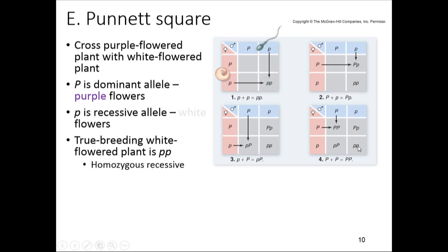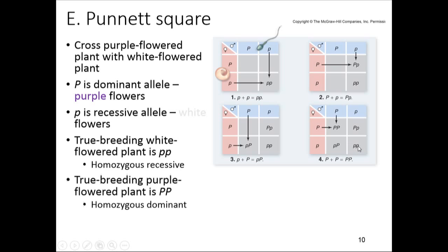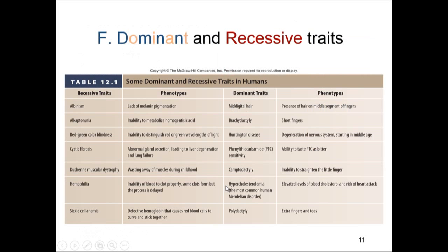A homozygous recessive would be little p, and that would be white true breeding. A big P would be homozygous dominant, and that would be a true breeding purple plant. And then a heterozygote would be 1 purple and 1 white allele, and these are not true breeding. And there's your 1 to 2 to 1 ratio.